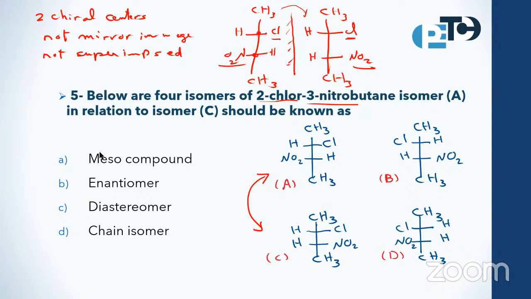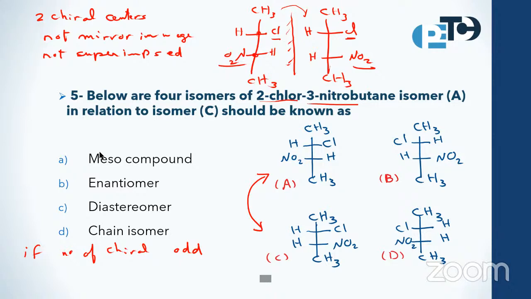The first rule: if the number of chiral centers is an odd number, 1, 3, 5, 7, the compound is directly optically active. Okay? If the number of chiral centers is odd, directly the compound is optically active.